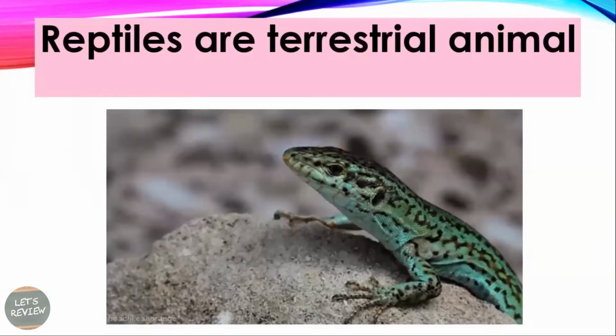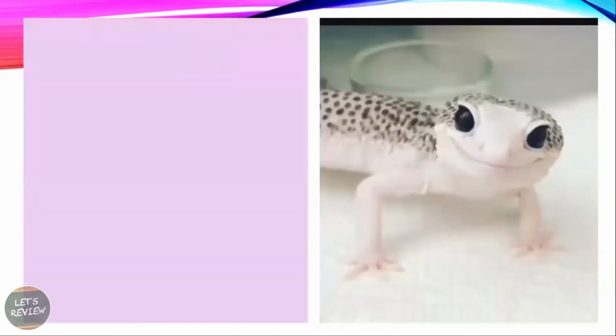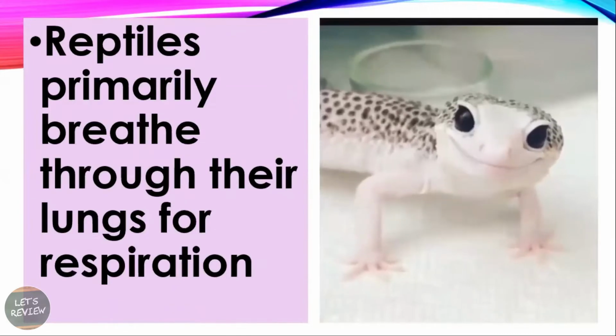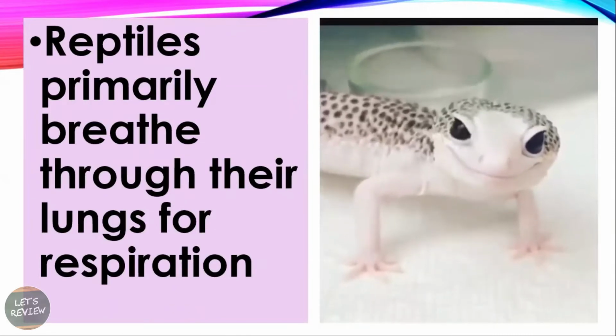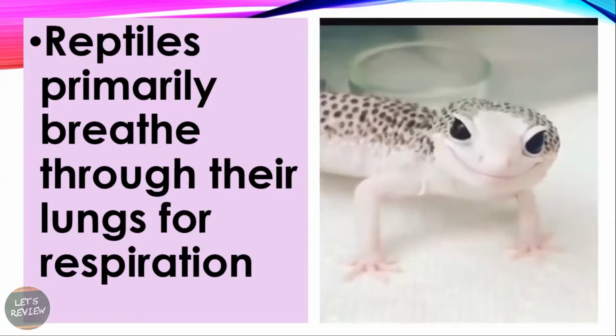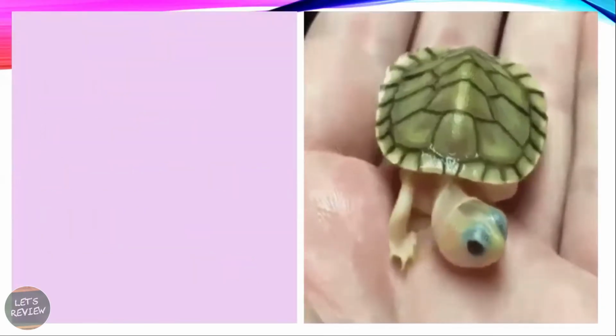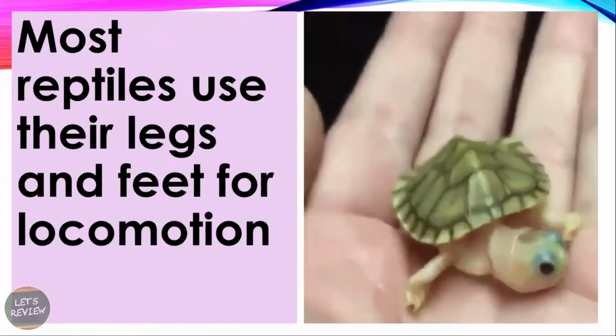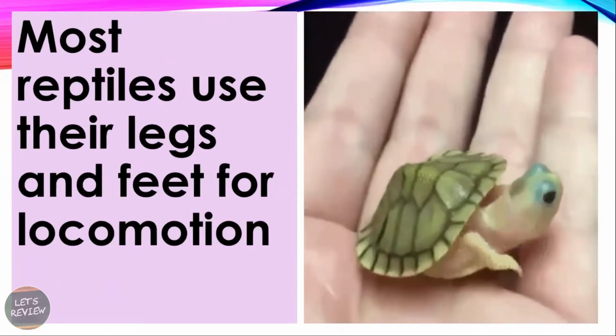They are terrestrial animals, and as you can see, this cute little thing is a reptile. They primarily breathe through their lungs for respiration, and most reptiles use their legs and feet for locomotion.